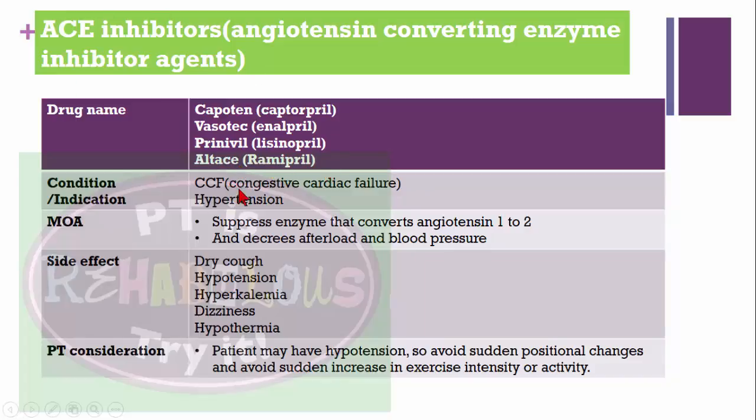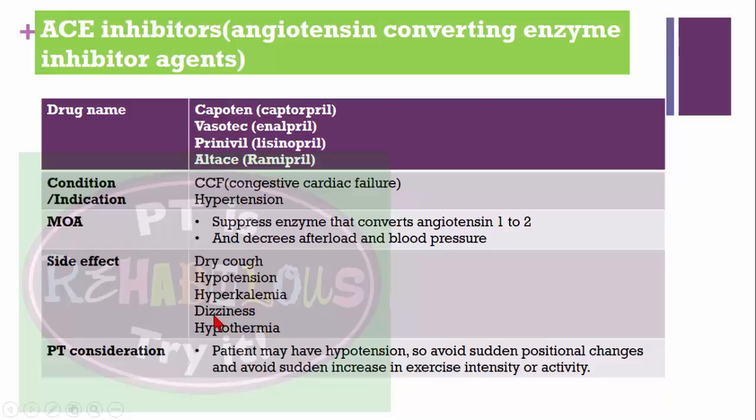Especially it is used for congestive cardiac failure patients and hypertension patients. Mechanism of action: it suppresses the angiotensin converting enzyme that converts angiotensin I to angiotensin II, and decreases afterload and blood pressure. Main side effects are dry cough, hypotension and hyperkalemia.